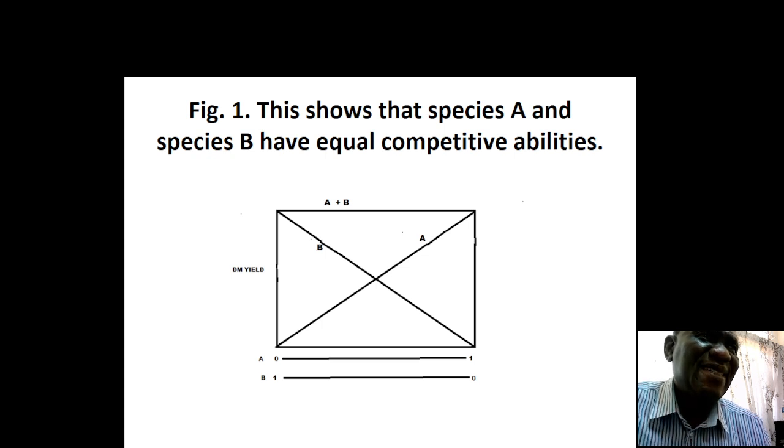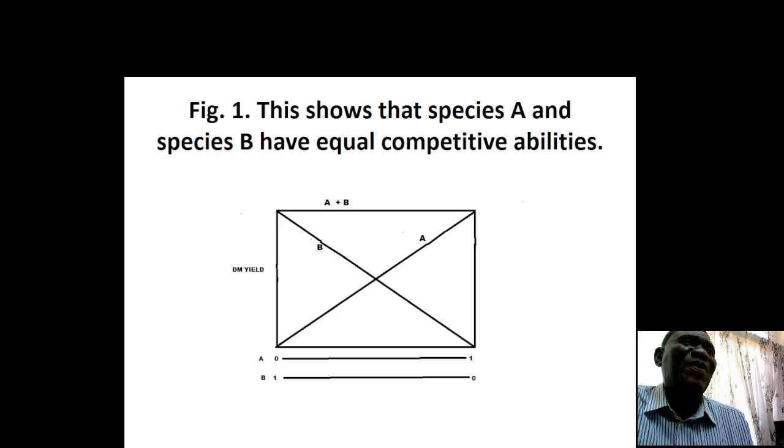As you increase it from 0 to 1, A will increase, you get that slope A. If you do the same with B, you start with 1 or 100%, you decrease it up to 0, you get that slope going down. So you have got the slopes A and B. The total will be A plus B, that is the horizontal line above.